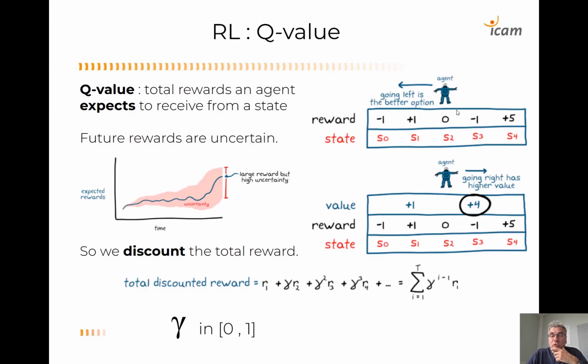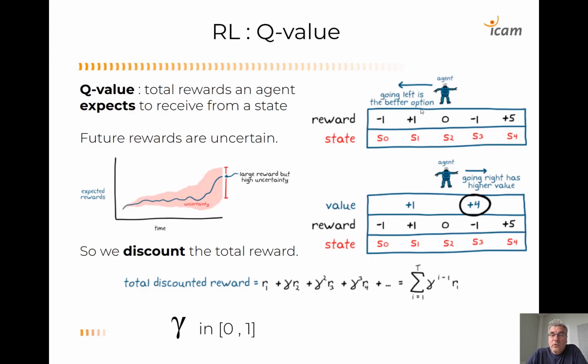If it goes to the left, it will first receive a reward of +1. And here, the best solution is not to continue going on the left, because the next reward will be -1, and the total reward would be +1 minus 1, which is equal to 0. So the best solution when you are on state S1 is to return to S2.